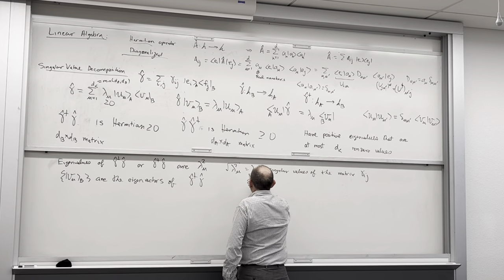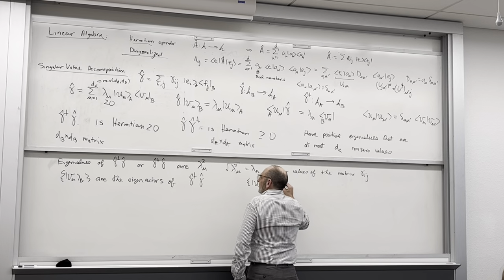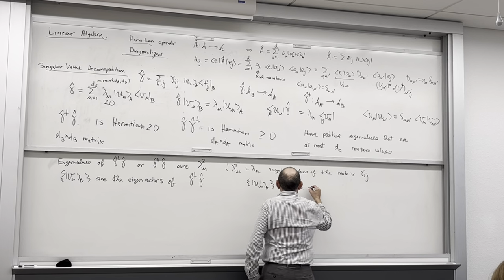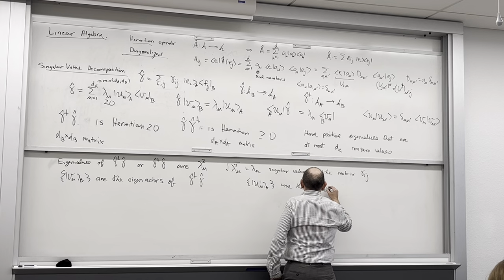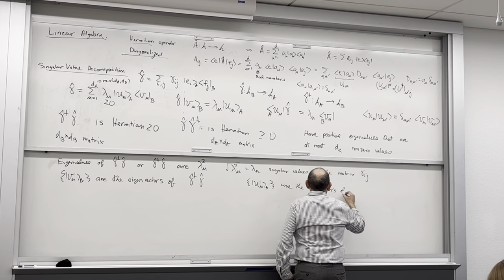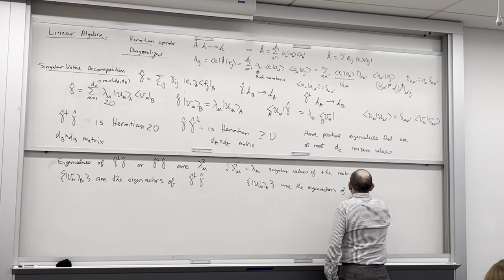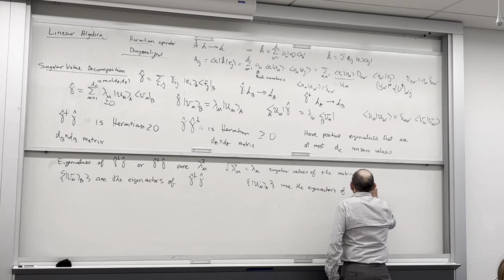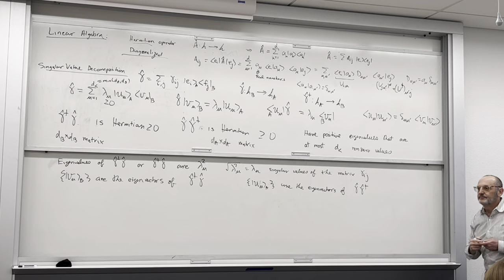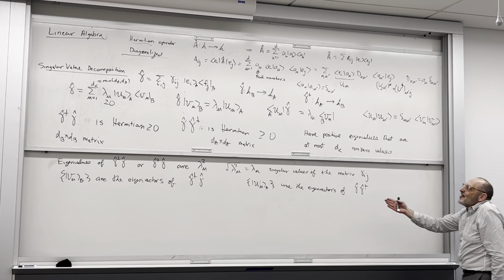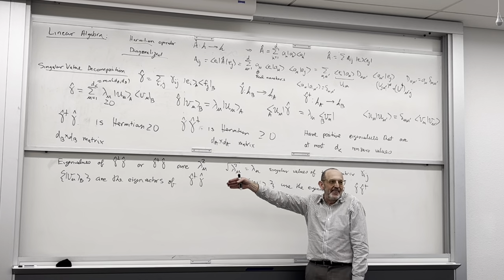And the v mu are the eigenvectors of that. Now, of course, if dA is not equal to dB, I'm going to have more of one of these than the other.